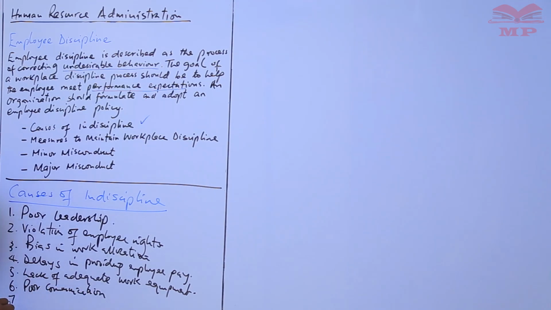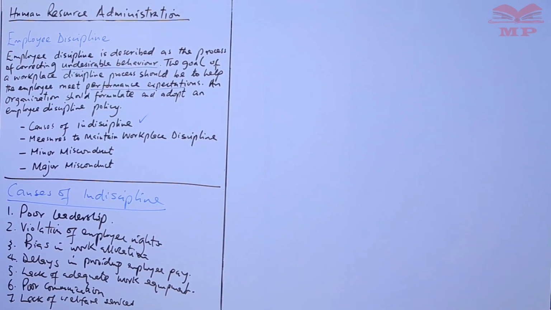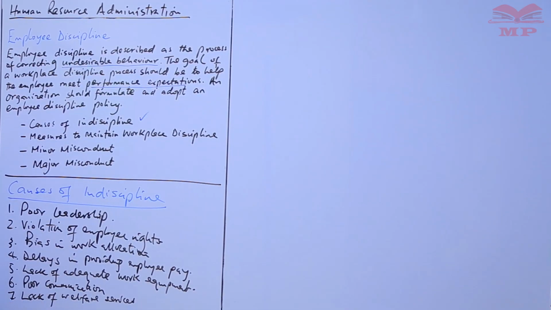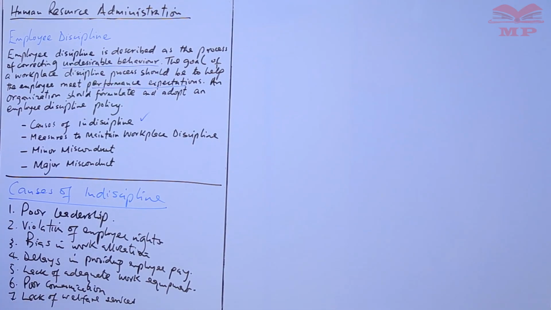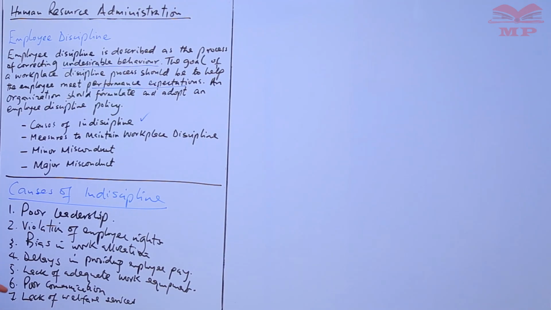And then number 7, lack of welfare services. So what we are saying here is, if employees don't have access to welfare services, they could go for lunch and they don't have a canteen in the workplace. They take too long, so when they come, they are beyond the reporting time for joining a shift. So that again could be a cause.